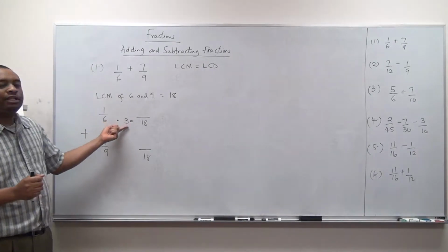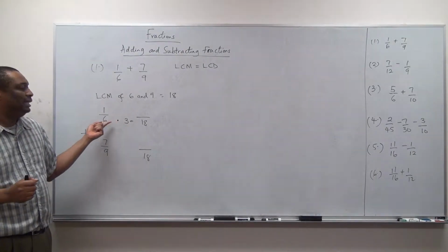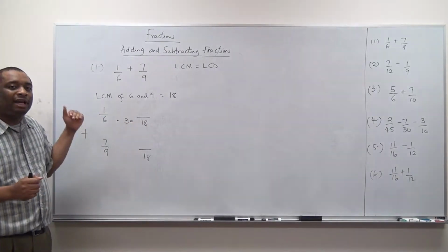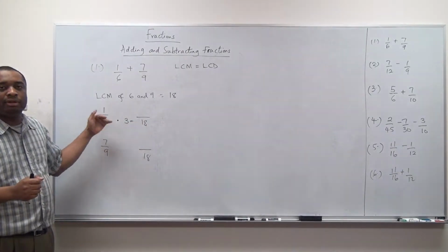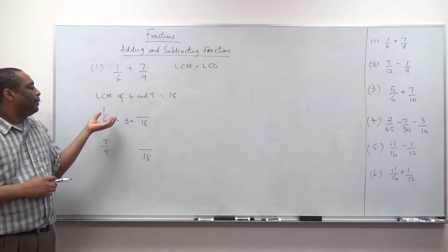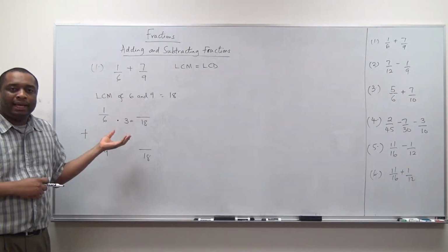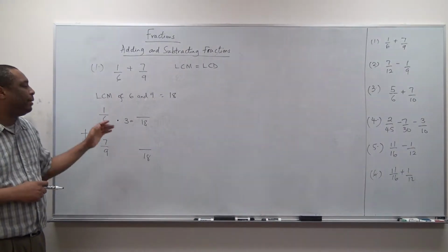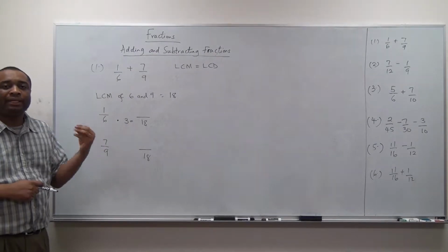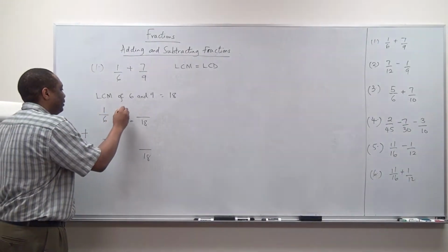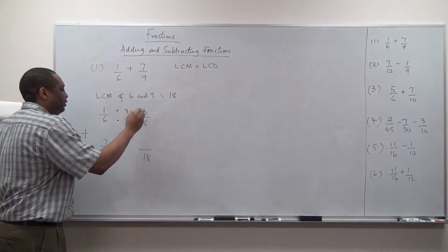Then, because you multiplied the denominator by 3, whatever you do to the denominator, you have to also do to the numerator. So we also multiply the numerator by 3, and that will give us 3 over 18.